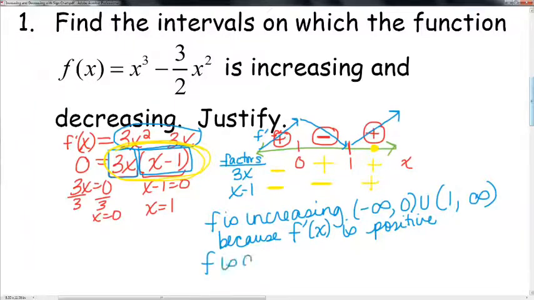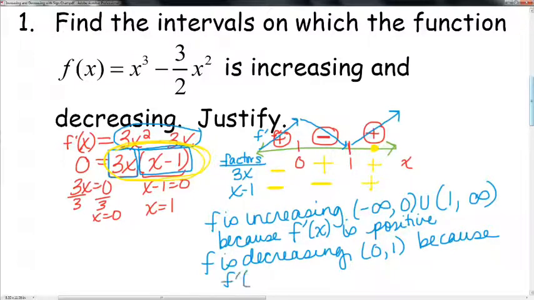F is decreasing from 0 to 1 because f prime is negative.